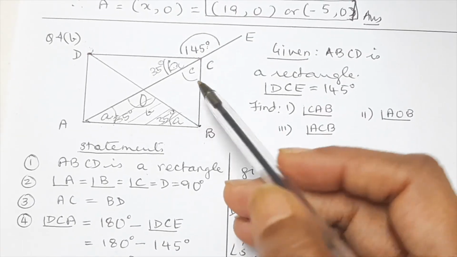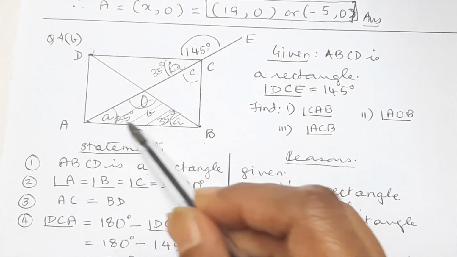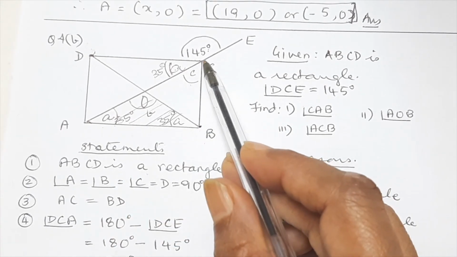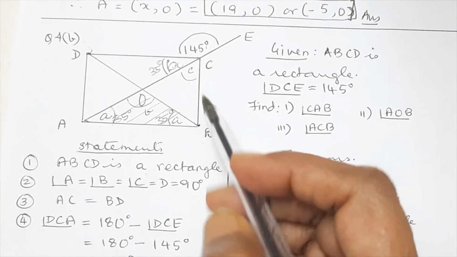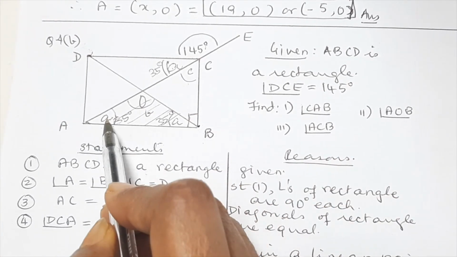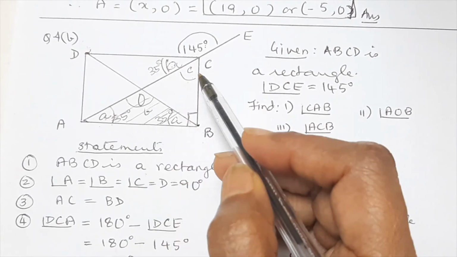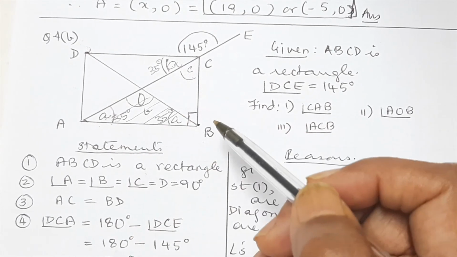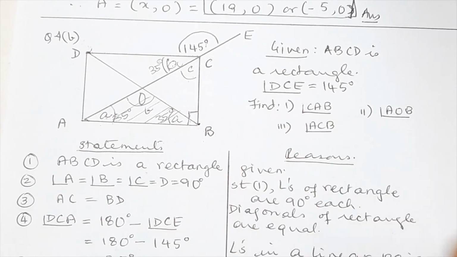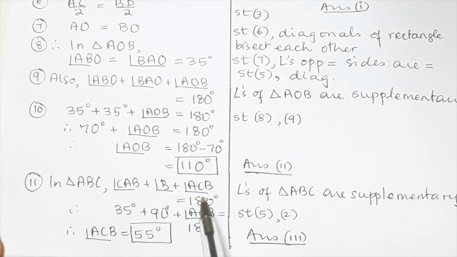Now we have to find this angle, this one, C. So we will take this triangle. Which one? Triangle ABC, because we already know that this angle over here is 90, this is 35, and this one, if you add to this, you will get angles of the triangle ABC. They are supplementary, so we write just that. So in triangle ABC, the 3 angles add up to 180 degrees because angles of the triangle are supplementary.